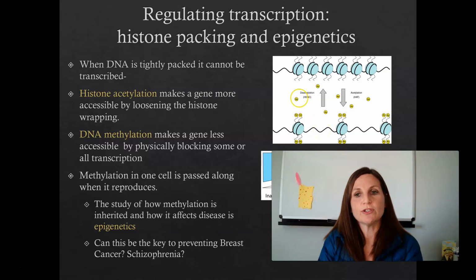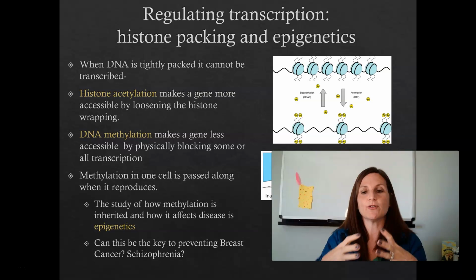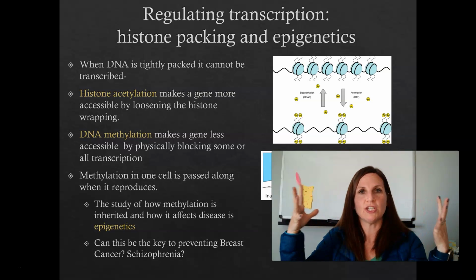The histones, those are the blue proteins that are here, can get acetylated to spread out the DNA. But the DNA itself can be methylated. Methyl is another chemical group. And it's not just a chemical group, it's kind of like a big branching chemical group.